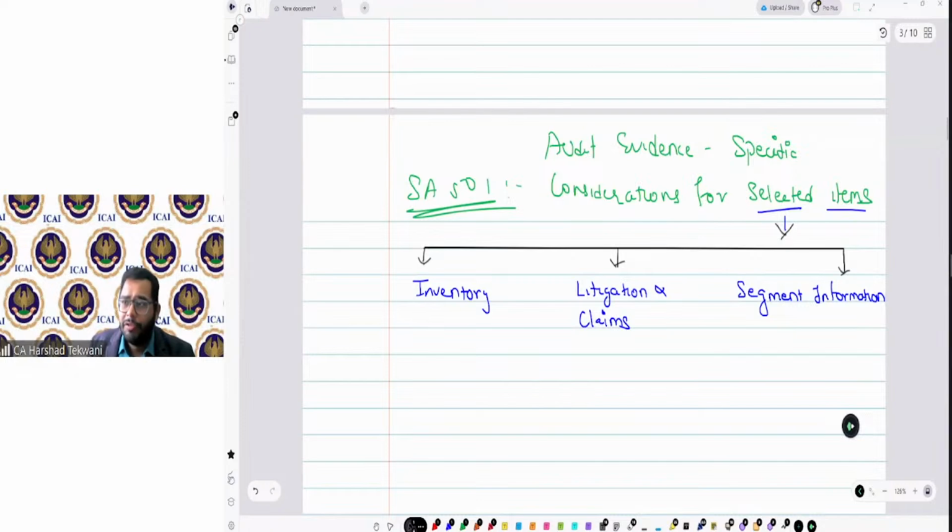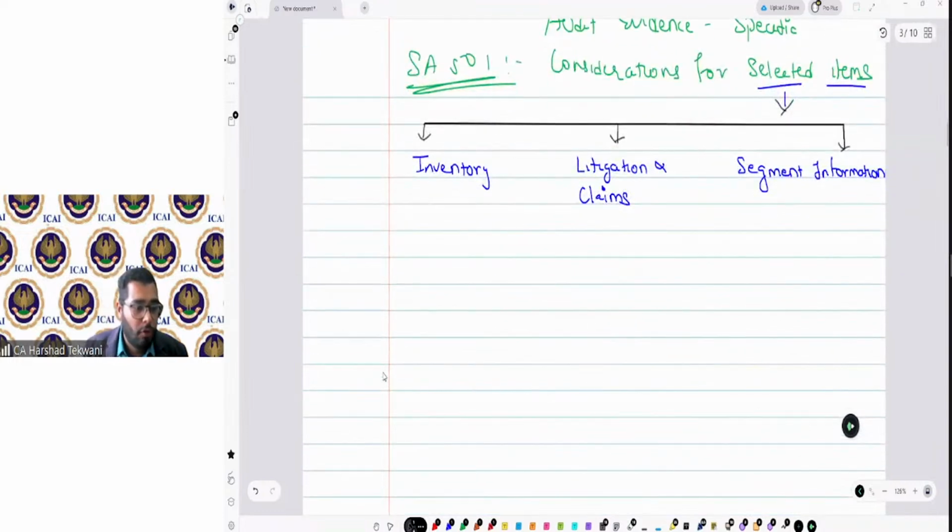Now, SA 501 has a specific requirement to obtain appropriate audit evidence. I'm not talking about all the inventory. No, not everything related to inventory is a risk for me. I have a specific risk being talked about here, and you will tell me the assertion for that particular risk.